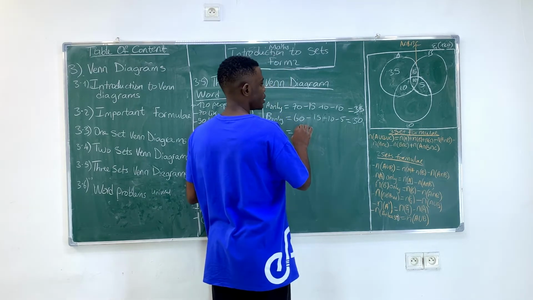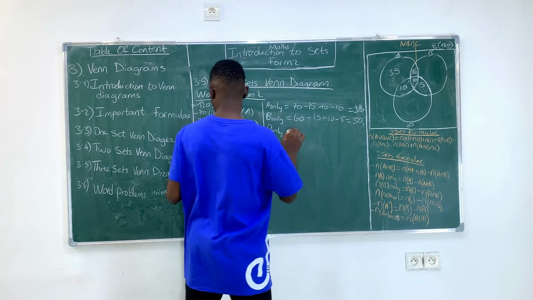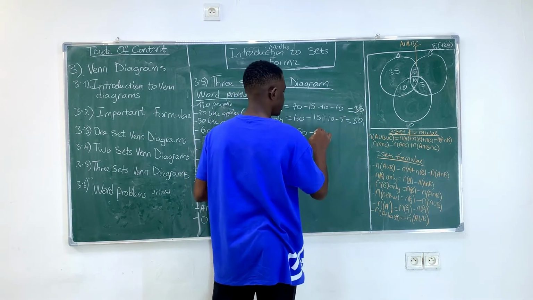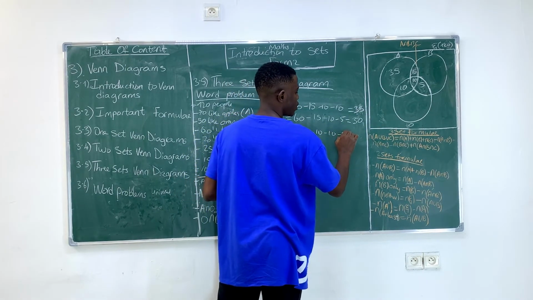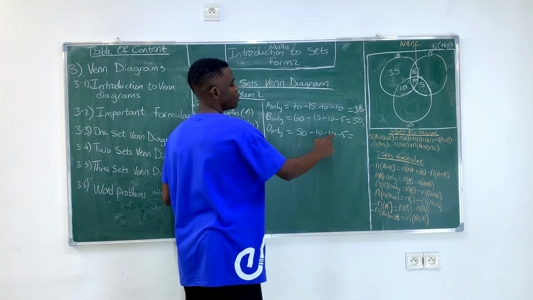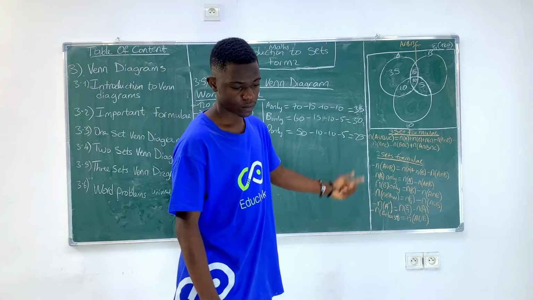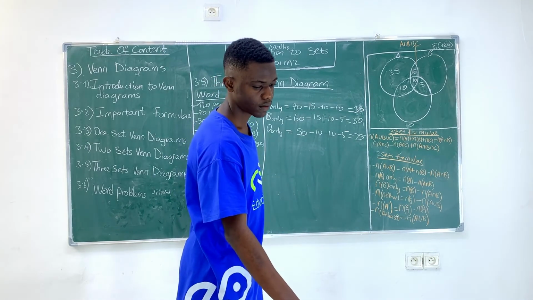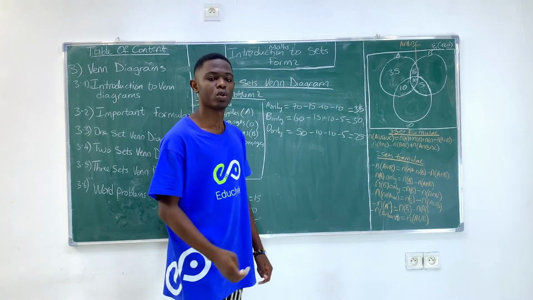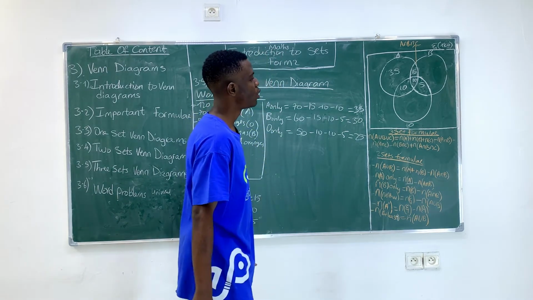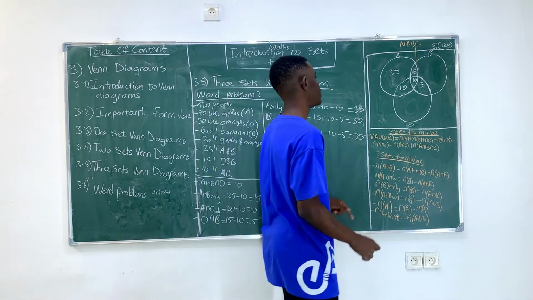So, here oranges is 50. 50 minus all the people that like other things, you have 10 minus 10 minus 5. So 50 minus 25 is 25. I can write here my B in 5.